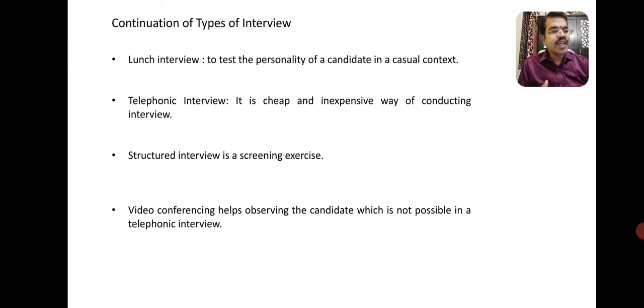So the personality of the candidate is explored in interviews such as the lunch interview. Why do we need the concept of lunch interview? First and foremost, it tries to put the candidate in a very informal kind of setup. Why?